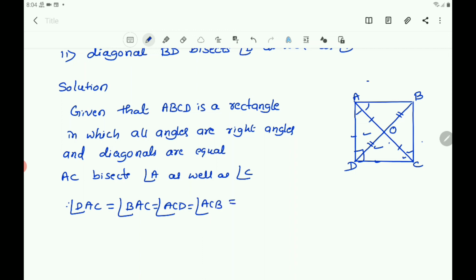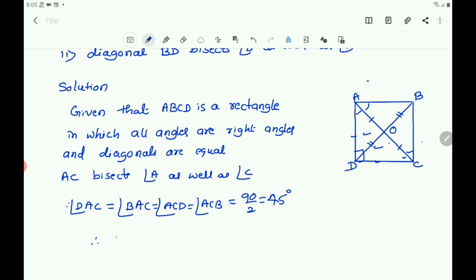All are equal to half of 90, that is 90 by 2 equals 45 degrees. Therefore, triangle ADC and triangle ABC are isosceles triangles.